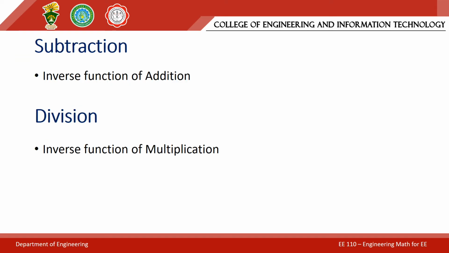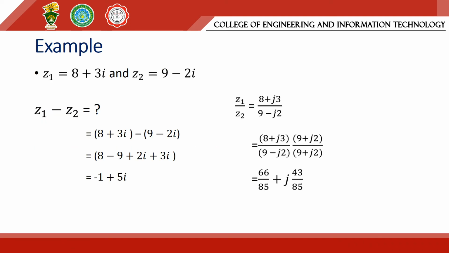However, when it comes to the concepts of subtraction and division, we don't really have to discuss it further since subtraction is just the inverse function of addition and division is just the inverse function of multiplication. So say for example, we have here z1 is equal to 8 plus 3i and z2 is equal to 9 minus 2i.